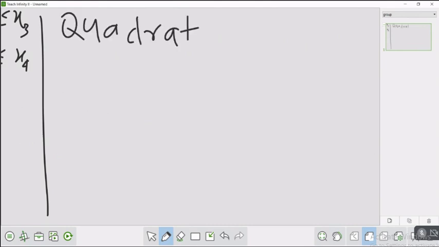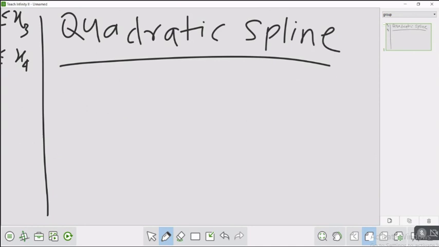Quadratic spline. Since linear spline was just a collection of linear polynomials, what should a quadratic spline be? Can you guess? Obviously, you can guess. You've read the notes.